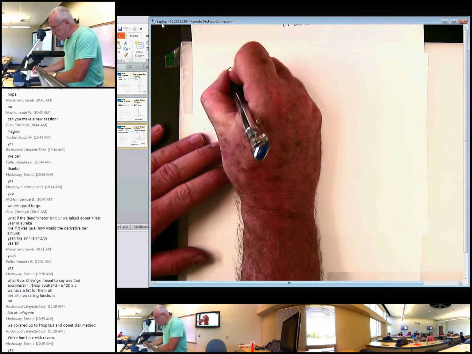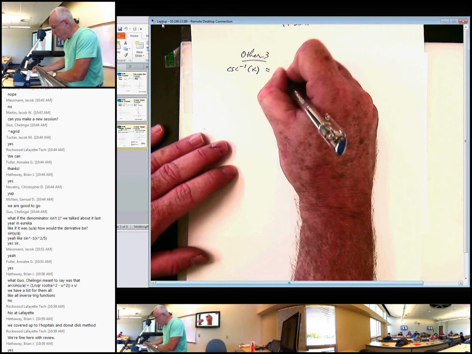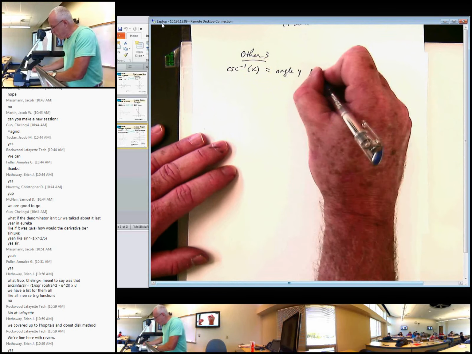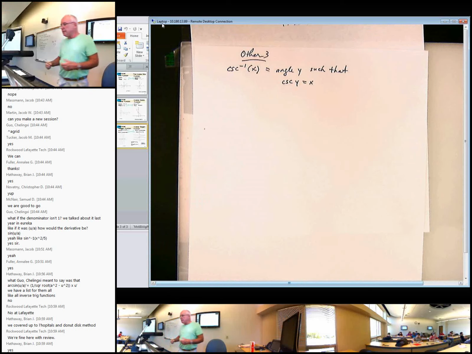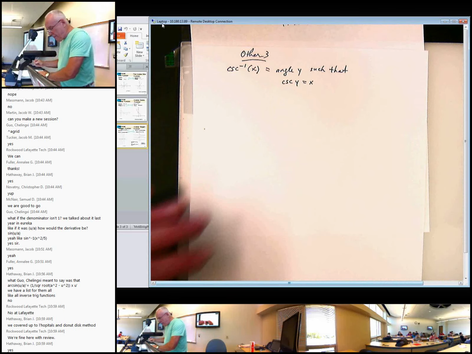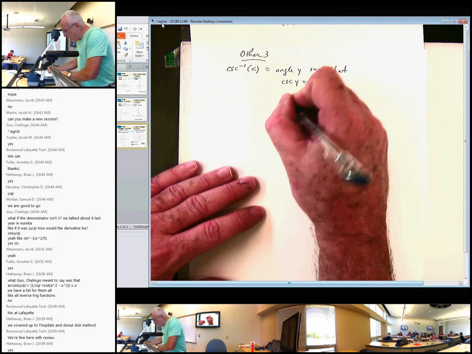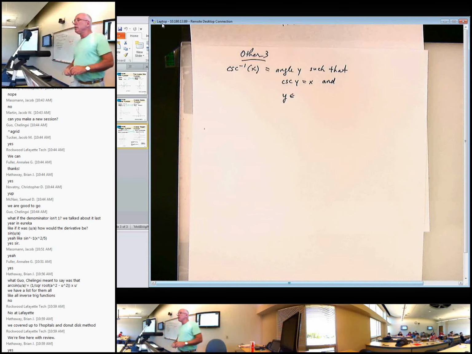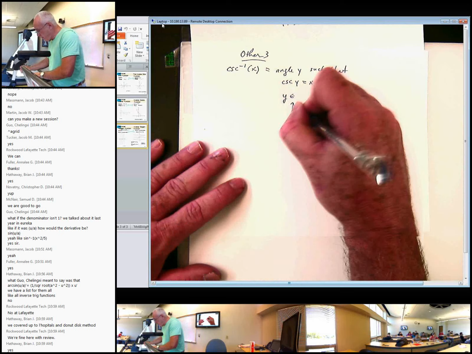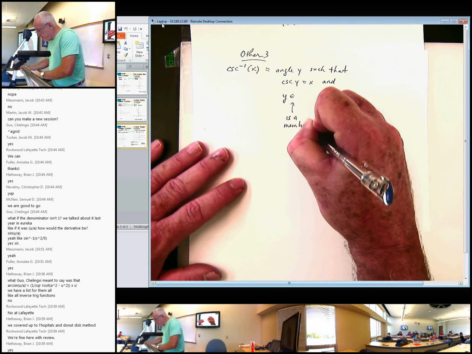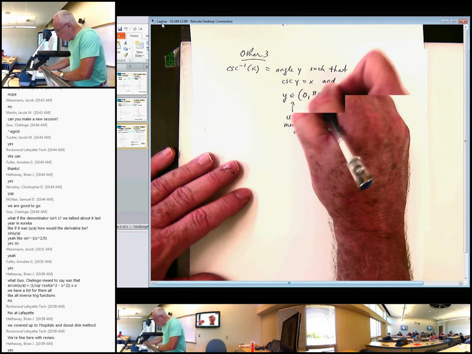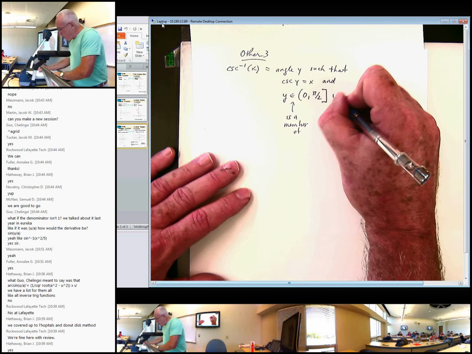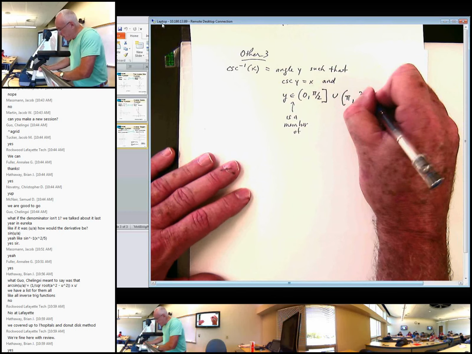So the cosecant inverse of x is the angle y such that the cosecant of y is equal to x, and the y value has to be in, we recall this notation, that little small e with a line in the middle, that means is a member of, the following set: parentheses 0 to pi over 2, close the bracket, union, parentheses from pi to 3 pi over 2.